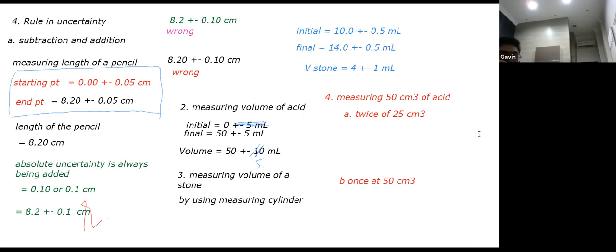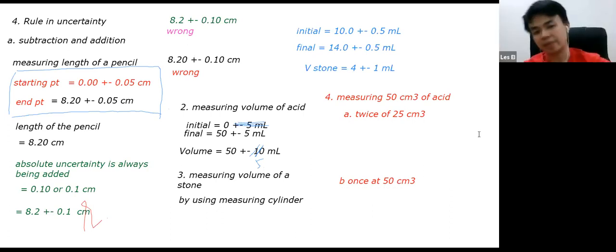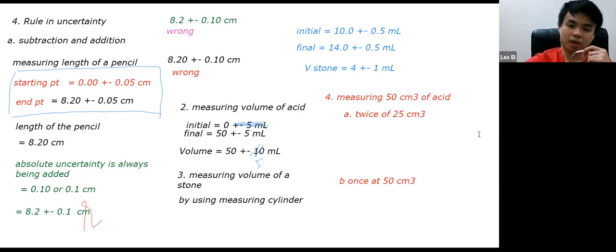Okay, for example, our next discussion is this. If you want to measure 50 centimeter cube of acid, you can pour it twice: you pour 25 first, you read, and then you add another 25 again, that also will give you 50.